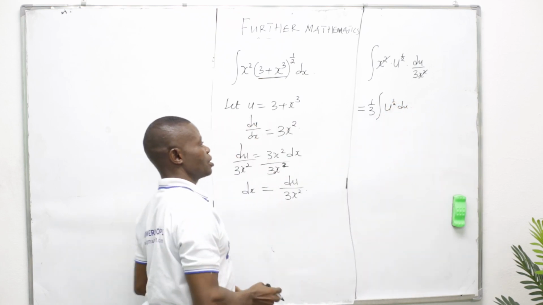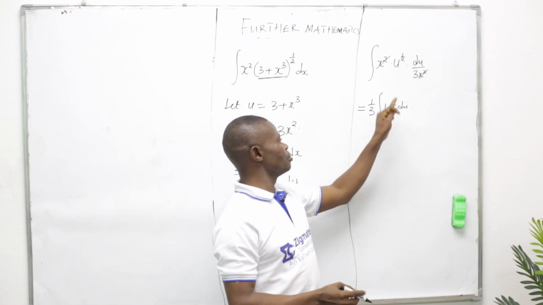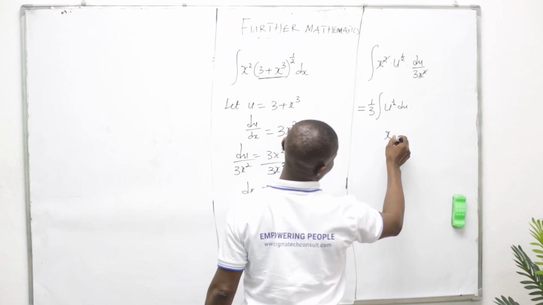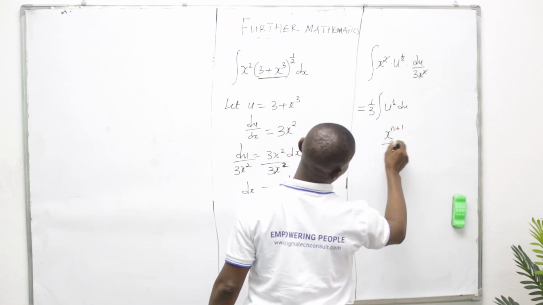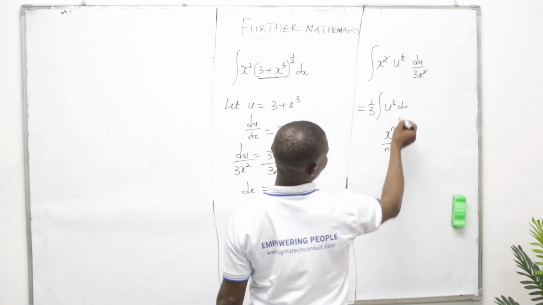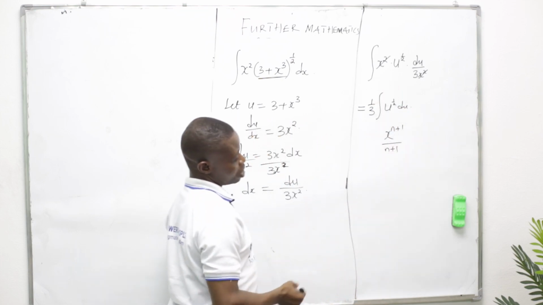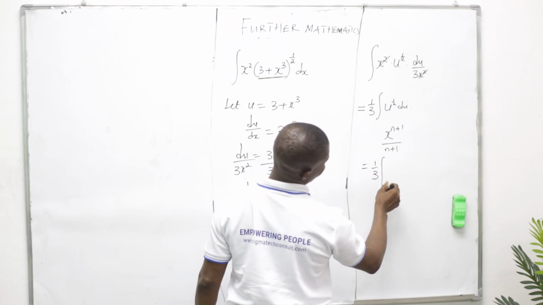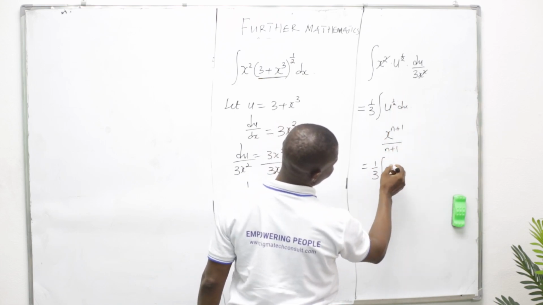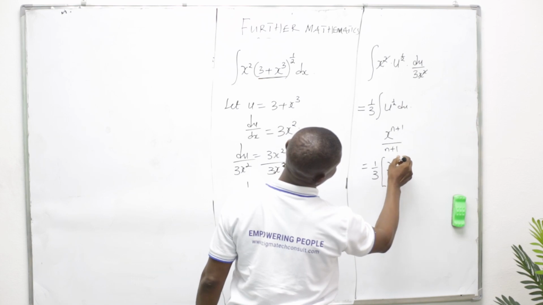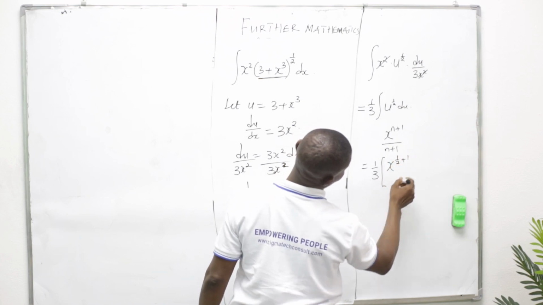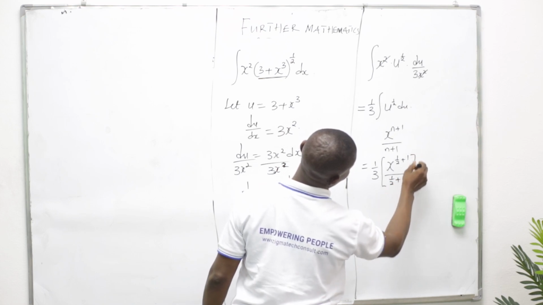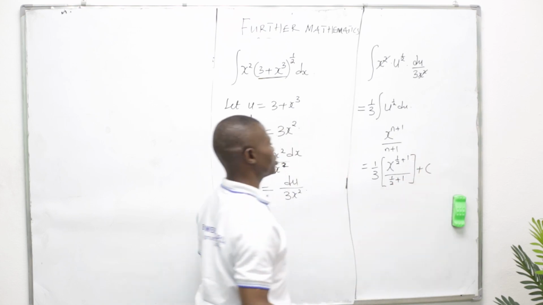The next business here is what? Integrating u power half. Recall that u power n plus 1 all over n plus 1 will settle this. So how do you do it? The power there is what? The power is half, meaning u power half plus 1 divided by what? Half plus 1. Then plus the constant.